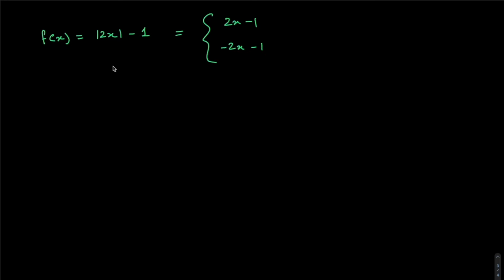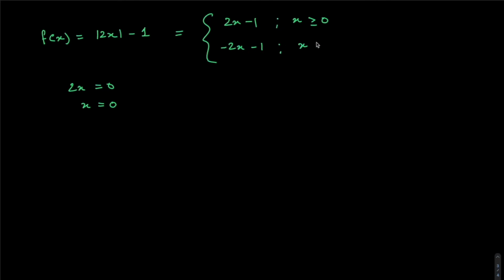And again, what is going to be my turning point here? It's not going to be a half, because I'm not going to set 2x minus 1 equal to 0. No, I'm just going to focus on the modulus part. So I'm going to write 2x is equal to 0, x is equal to 0. Whenever x is greater than or equal to 0, I'm going to have this.